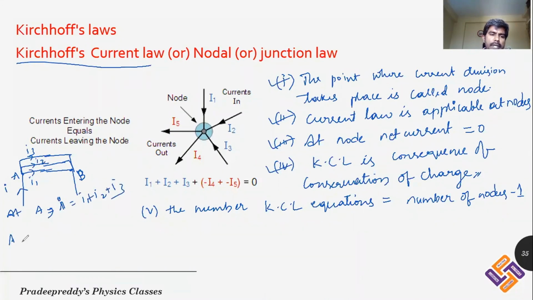And at B, you can write I1 plus I2 plus I3 is equal to I. Whatever equation you have got at A, the same equation you are getting at B.